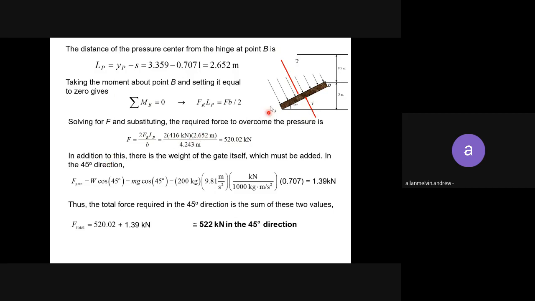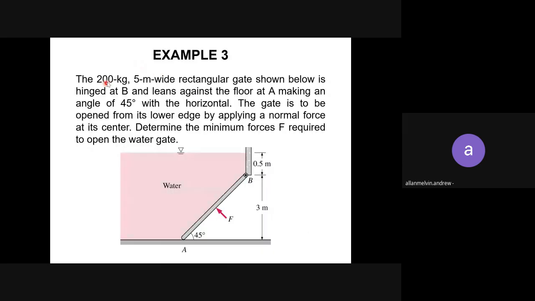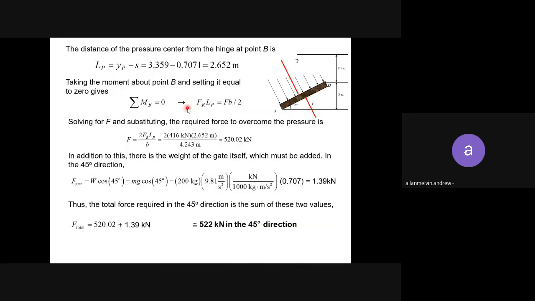So in addition, for this one there is an addition. Because it says the rectangular gate, the weight is 200 kilogram. So you need to find the weight of the gate. Okay, but you know this has an angle. So you need to find the horizontal component of this. So you find the cos. The horizontal component is the force because you want to find the gravity.